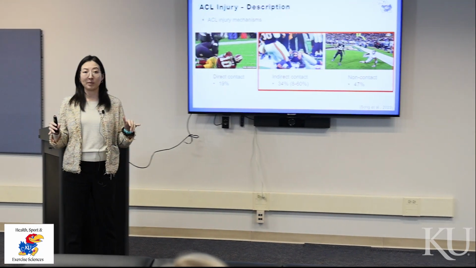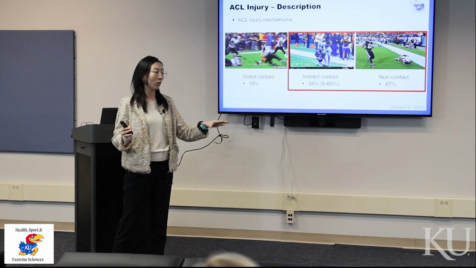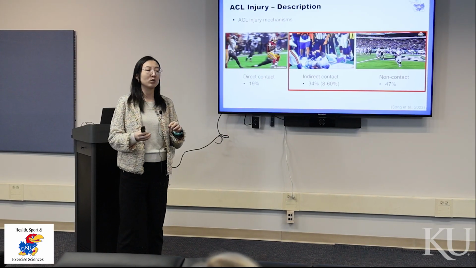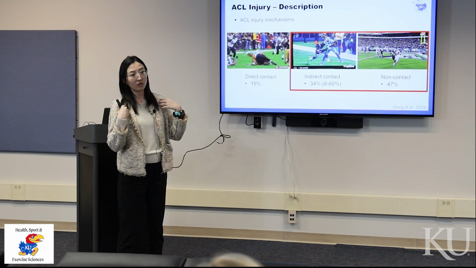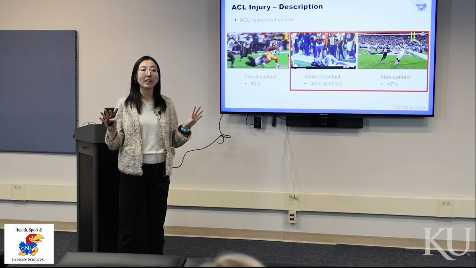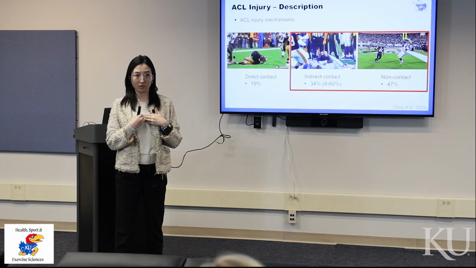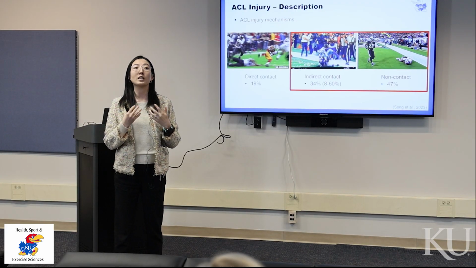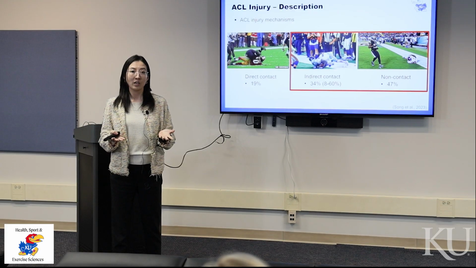So what does that mean? Someone may contact you in addition to the injured part. That could be your ankle, that could be your trunk. Or no one contacts you. You're good and you landed and you hurt yourself. This is important because it really makes injury prevention possible.